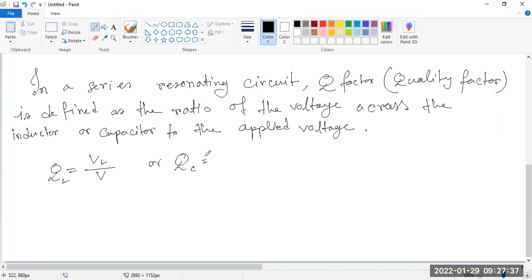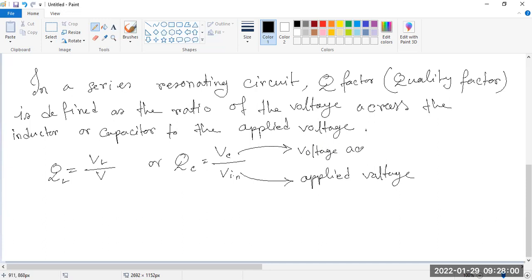or Q of C is the voltage across the capacitor over the input applied voltage, V in. This is the applied voltage, and this is the voltage across the capacitor.